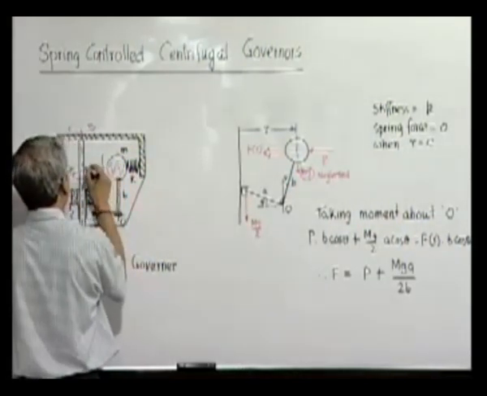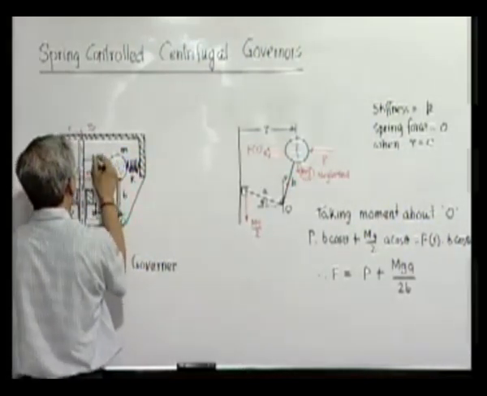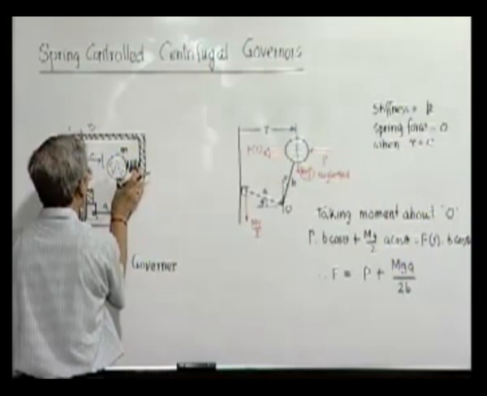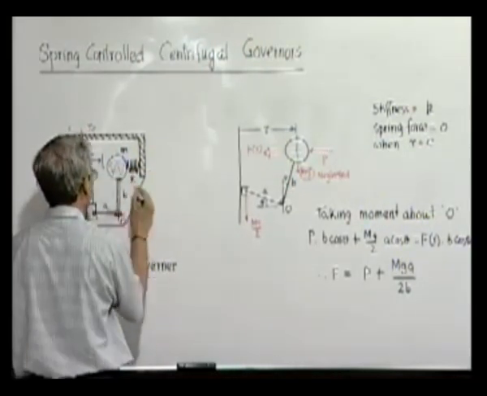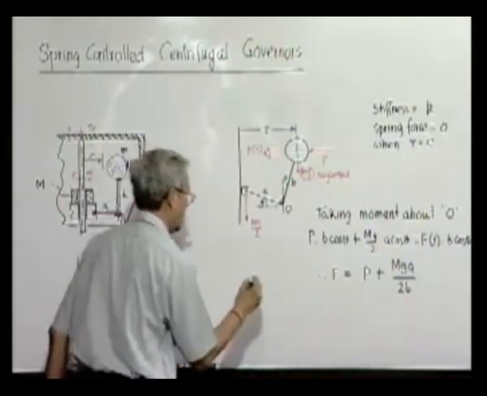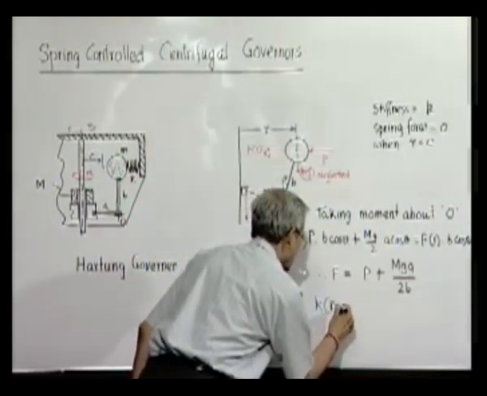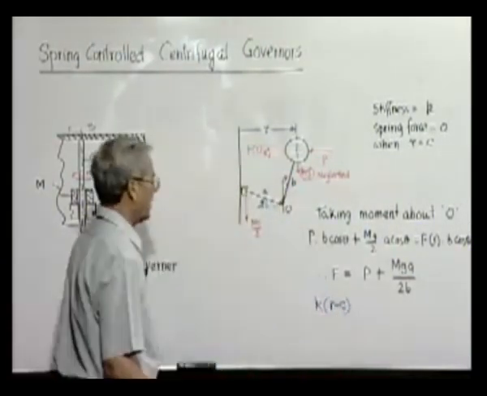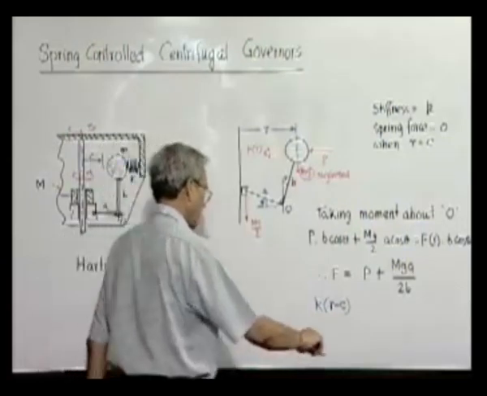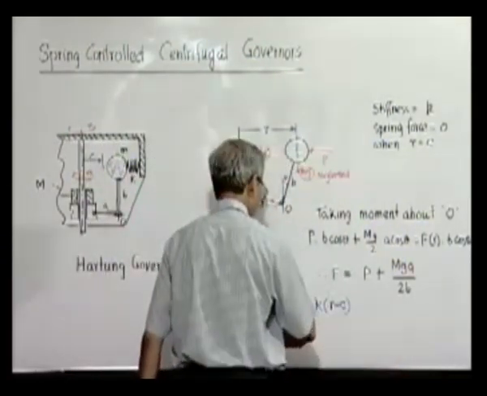That means this is C. So the compression of the spring when it comes to R is R minus C, and that multiplied by the stiffness has to be the spring force.